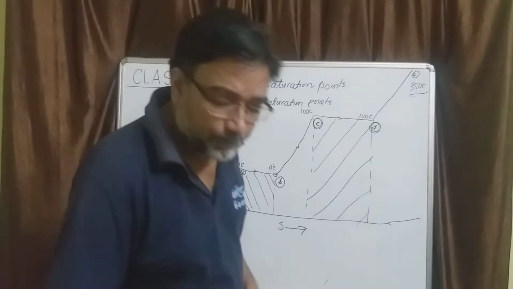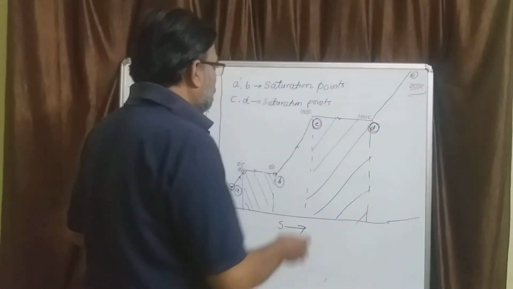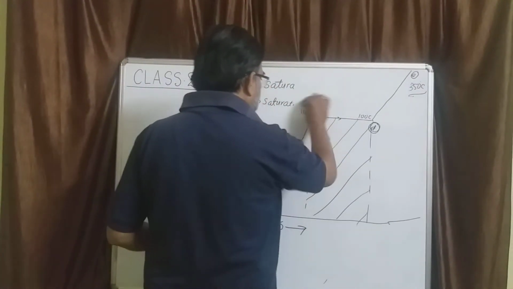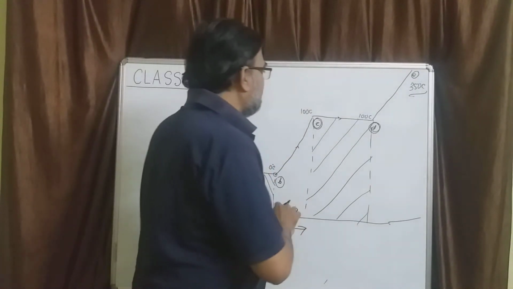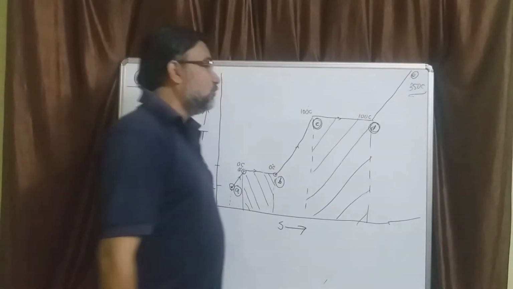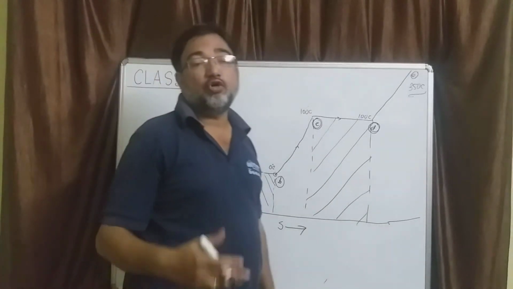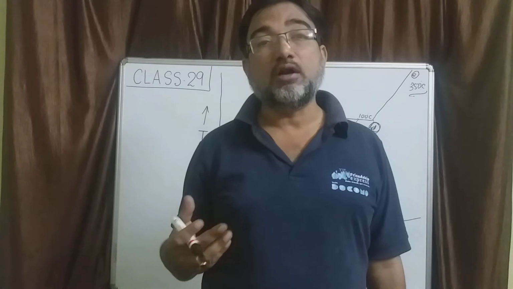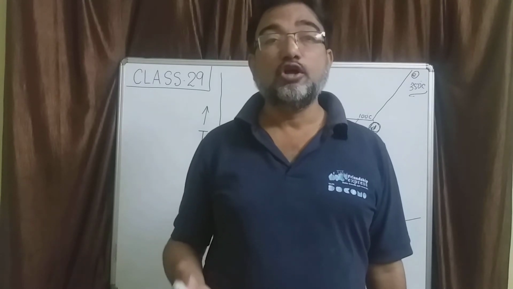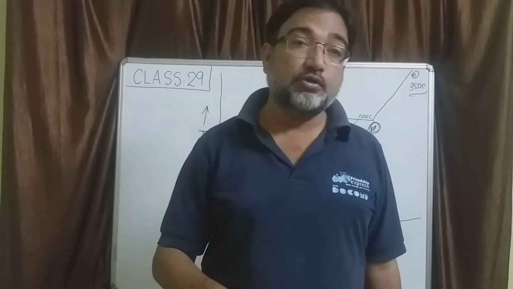But I have not told you about 0 degree centigrade and 100 degree centigrade. What is 0 degree centigrade? You will say the melting point of ice. What is 100 degree centigrade? It is the boiling point of water. But what is the condition? Will water always boil at 100 degree centigrade? Will ice always melt at 0 degree centigrade?